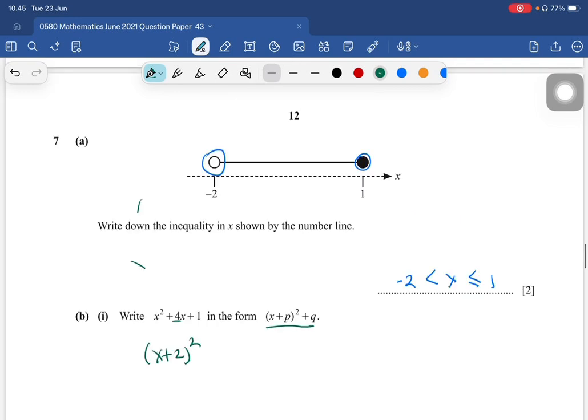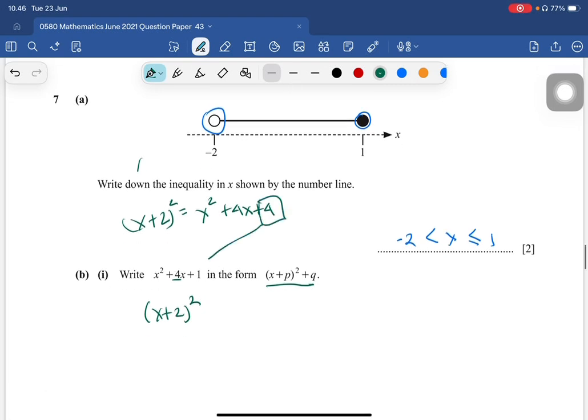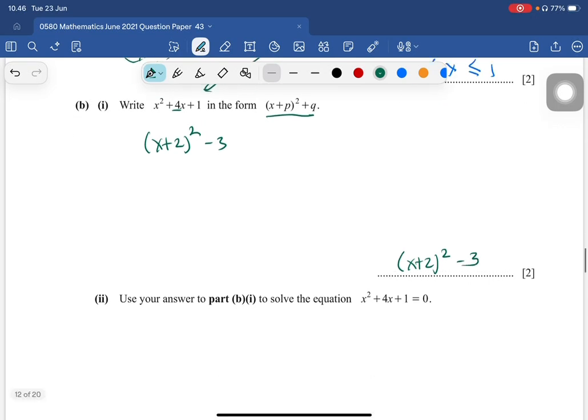So (x plus 2) squared is equal to x squared plus 4x plus 4. Since 4 is the extra and we need to make it 1, we can just subtract 3. So it is (x plus 2) squared minus 3.